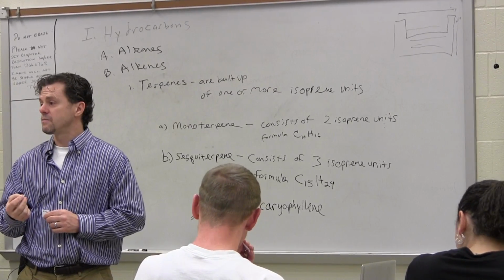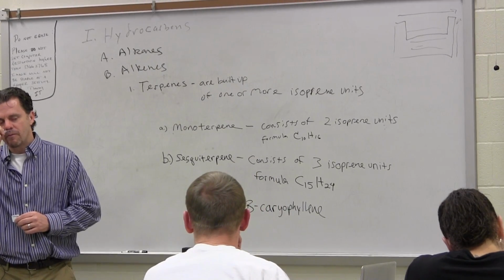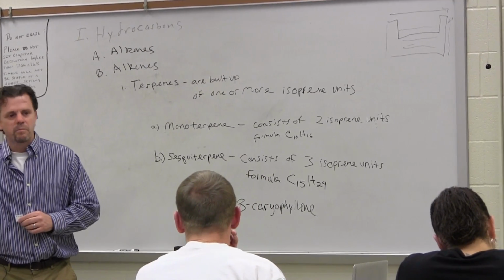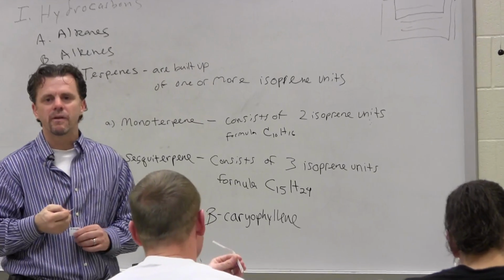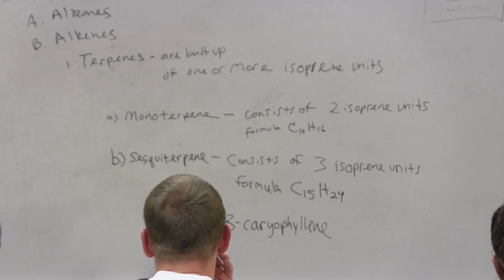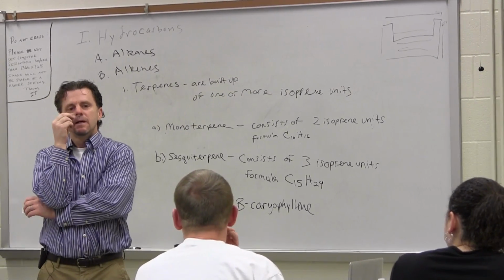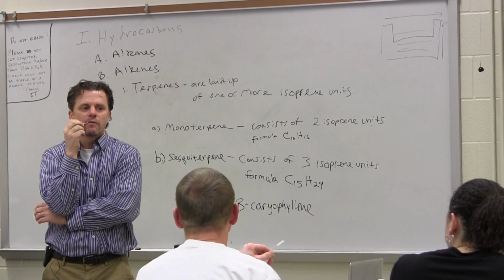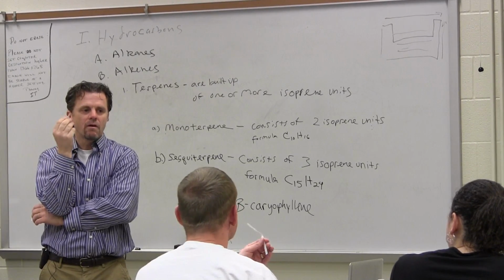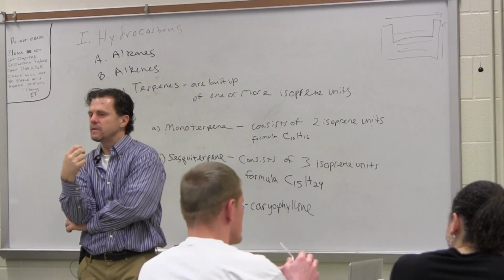Because it's not as volatile. It's a heavier molecule. So you get a different feel from it. Anything come to mind when you smell that? Cedar? It is a minor component of cedar. A lot of times you'll hear a perfumer characterize the odor of beta-caryophyllene as mushroom-like, sort of earthy.